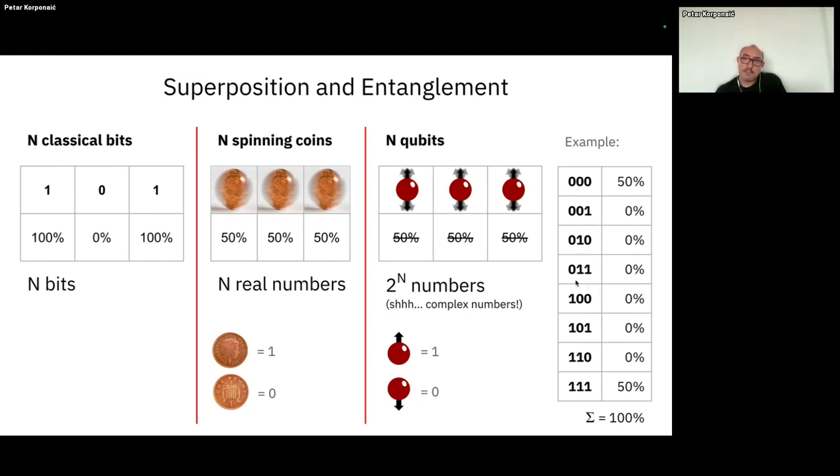So this can be a very large vector, and with a quantum computer, by manipulating individual particle superposition and entanglement, we can change, with one operation, or if you want with one CPU cycle, the entire vector, which is giant.